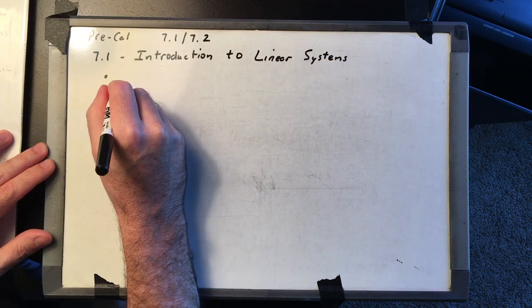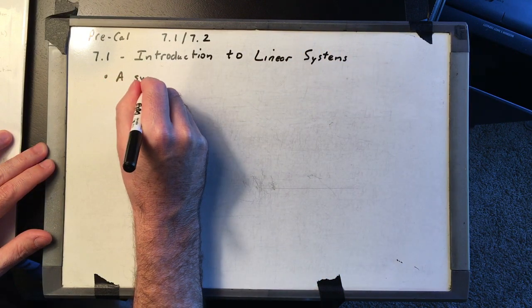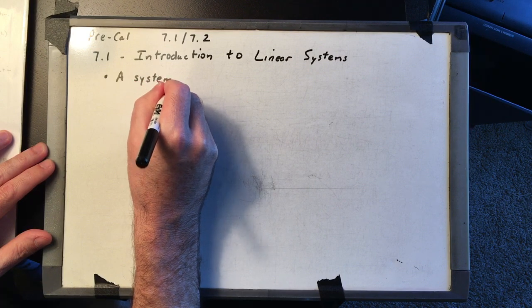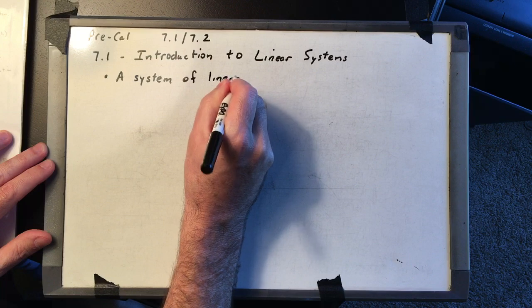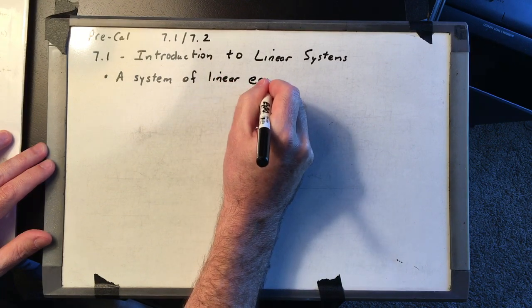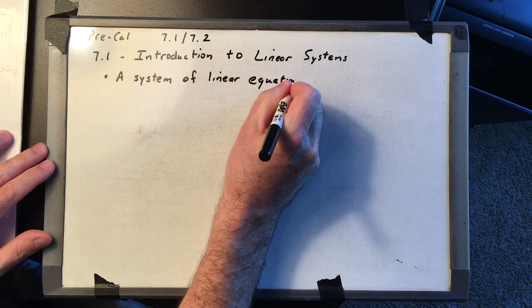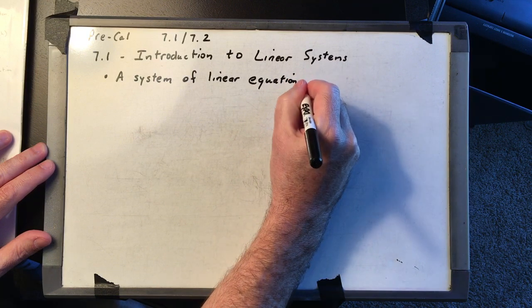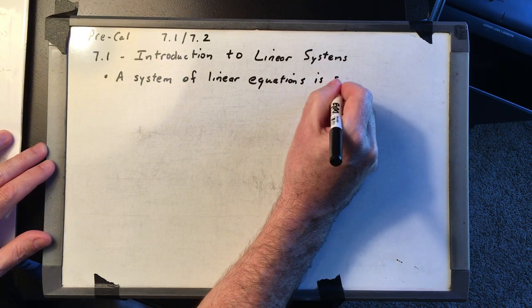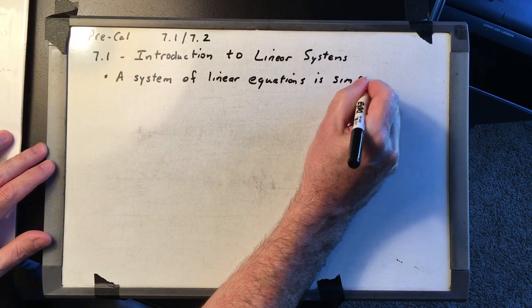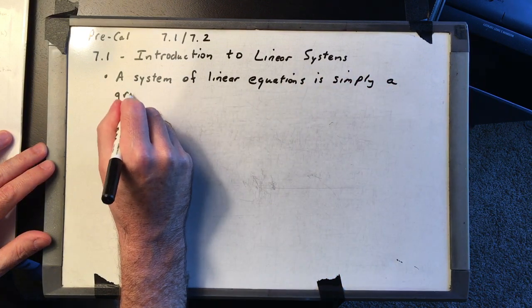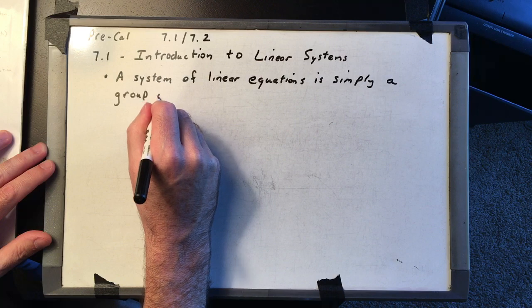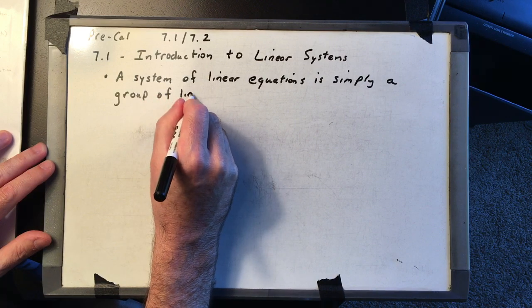All right, so a system of linear equations is simply a group of lines.